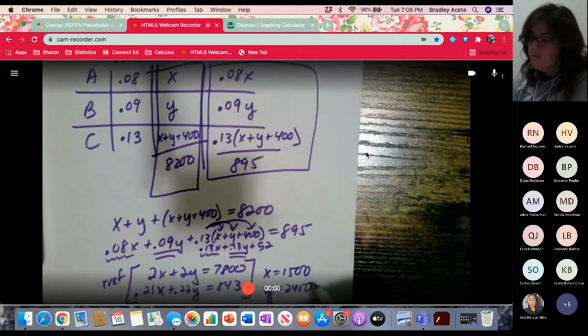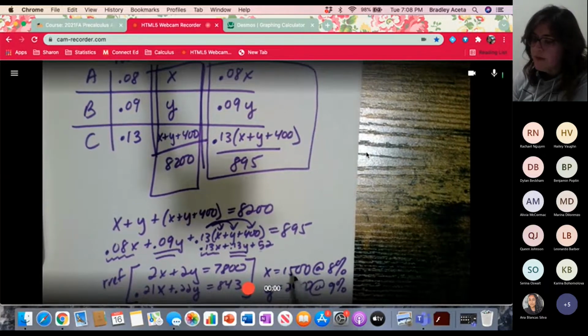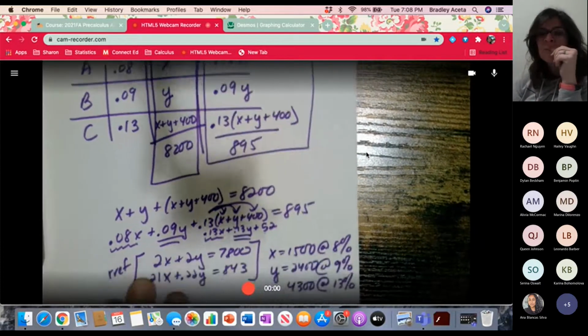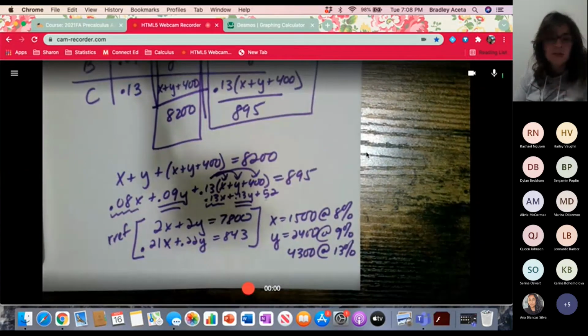So you'd say 1,500 would be at 8%, 2,400 at 9%, and then X and Y, and then another 400, which was the 4,300, would be at the 13%. And that is really, really neat. That's why I didn't solve the other one we just did before with the calculator, because I'm like, oh my gosh, we can solve it so easily with a matrix.